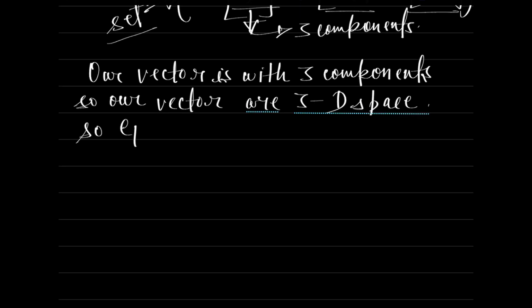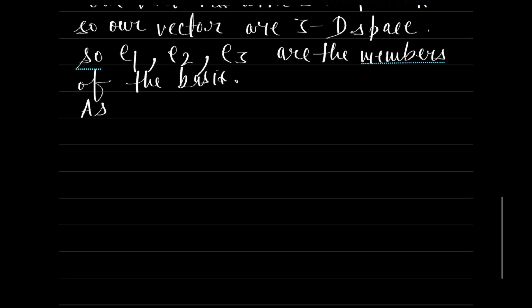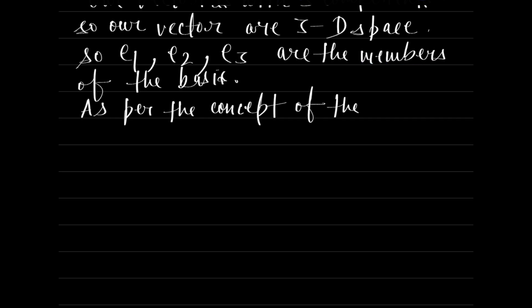So E1, E2, E3 are the members of the basis, as per the concept of the basis.